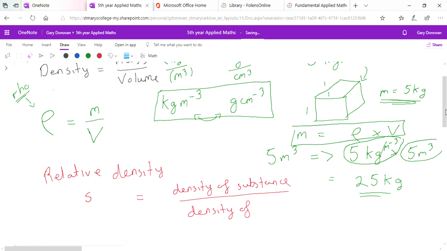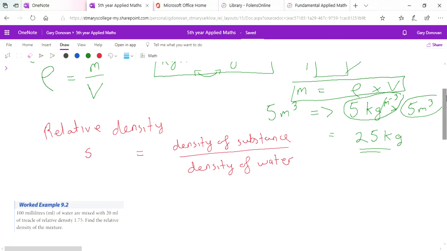Now water's density can vary depending on the temperature and depending on if there's any impurities added like salt and things like that. But generally the density of water, and it's something that you need to learn, and this is the density of water that you will use in questions unless they specify another value, is 1000 kg per meter cubed. So really the relative density of something is its density divided by 1000.